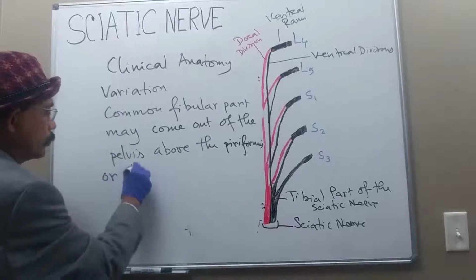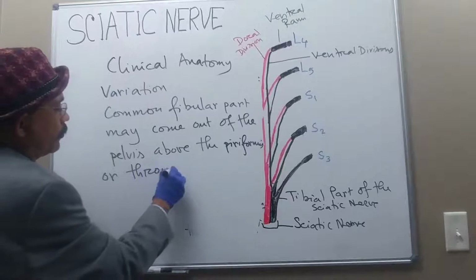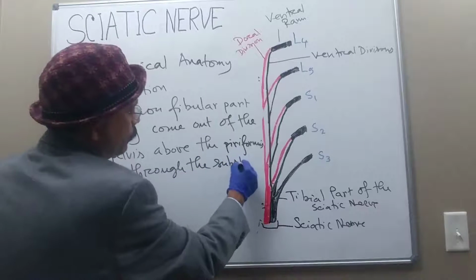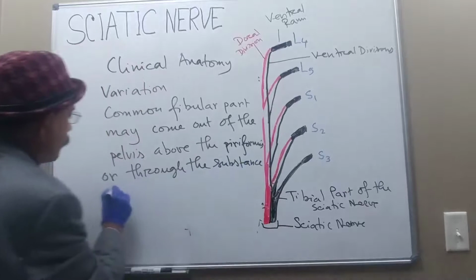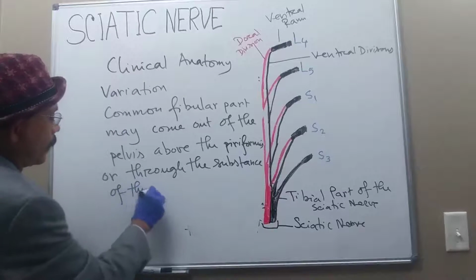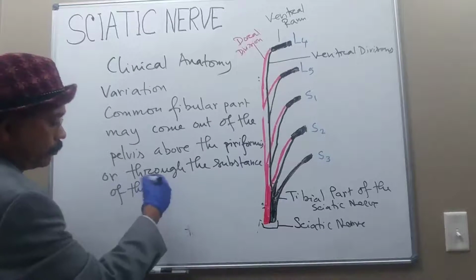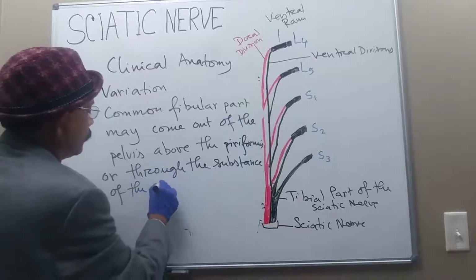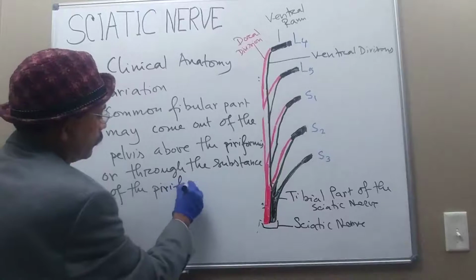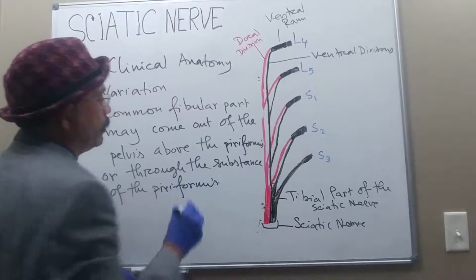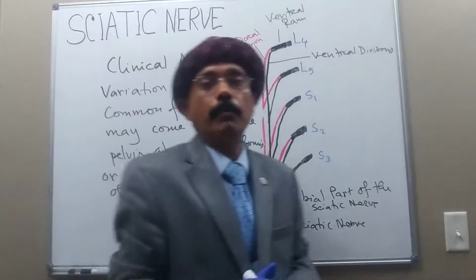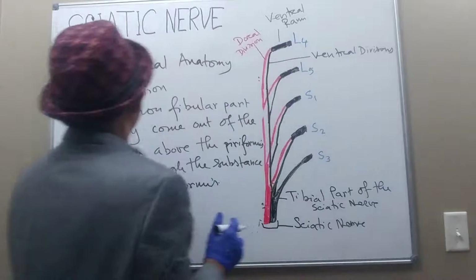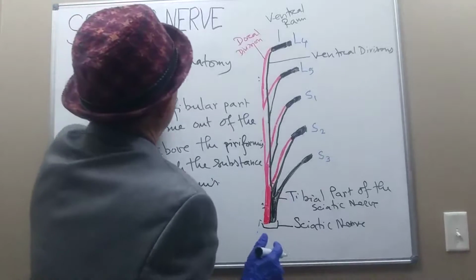Or through the piriformis, through the substance of piriformis. Okay, that is very common, around 12 to 15% of cases. In that condition, the tibial part passes beneath the piriformis. Okay, this is the variation.